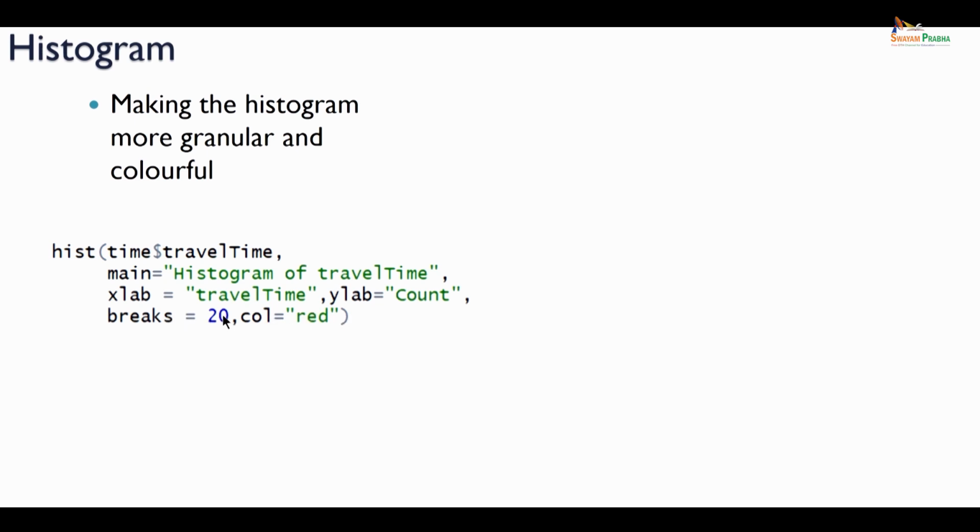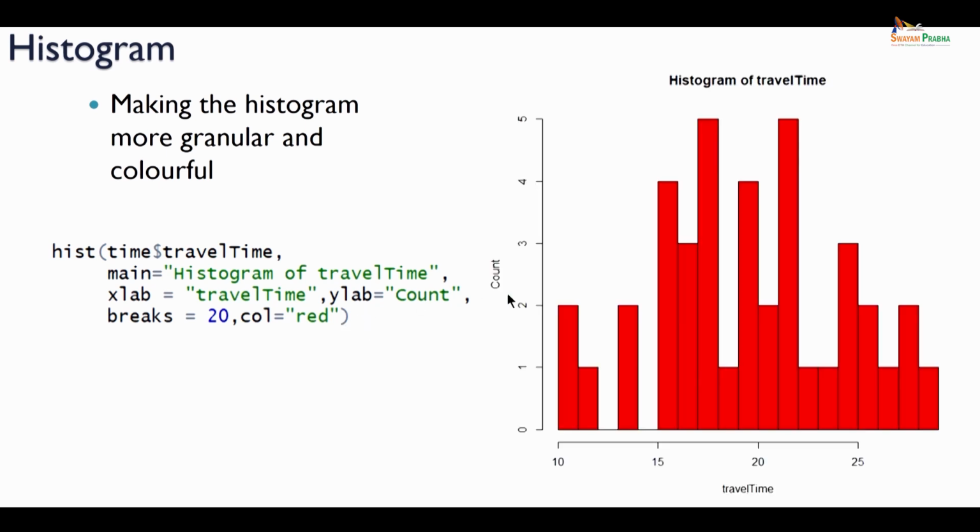So, breaks equal to 20 will give you more bins in your histogram, and color equal to red will color all the columns in your histogram. So, you have the corresponding output here. Compared to the previous histogram, you can see there are more bins here and all the columns have been colored red. I again have travel time on x axis and the counts on the y axis.